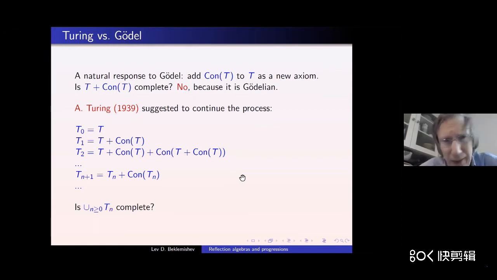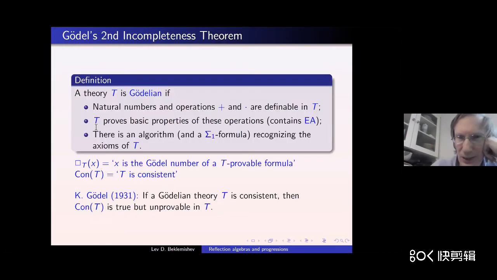However, the answer is obviously no, because the system T1, T plus Con(T) here, is in fact also Gödelian. If T satisfies the three assumptions, then T plus yet another axiom will satisfy them too. So let's see, natural numbers are still definable. T proves basic properties of these operations.